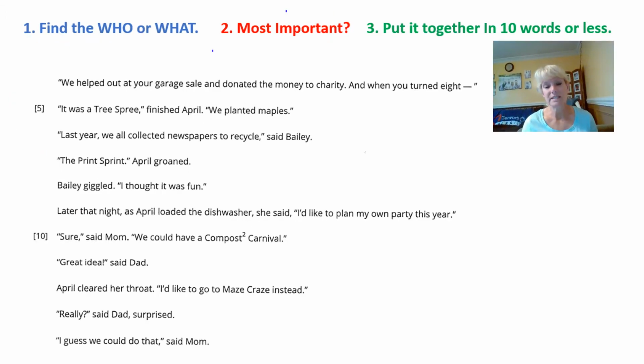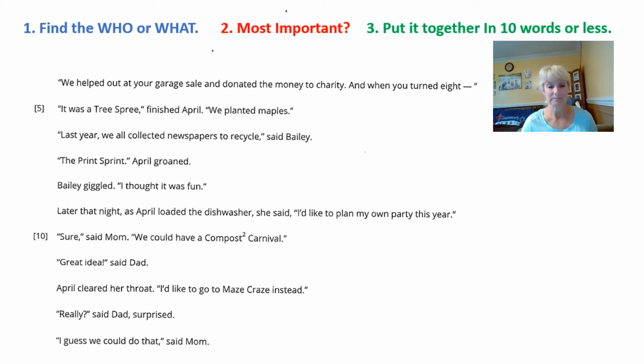Here's my second chunk. We helped out at your garage sale and donated the money to charity. And when you turned 8, it was a tree spree, finished April. We planted maples. Last year, we all collected newspapers to recycle, said Bailey. The print sprint, April groaned. Bailey giggled. I thought it was fun.